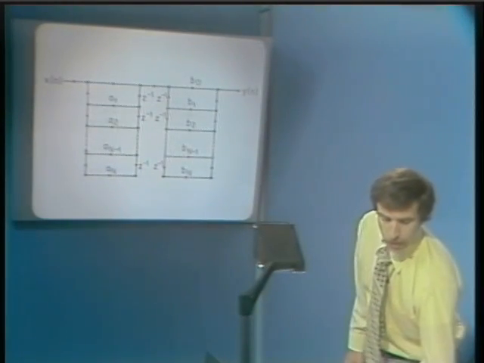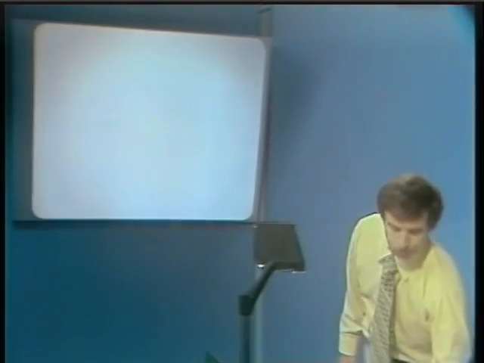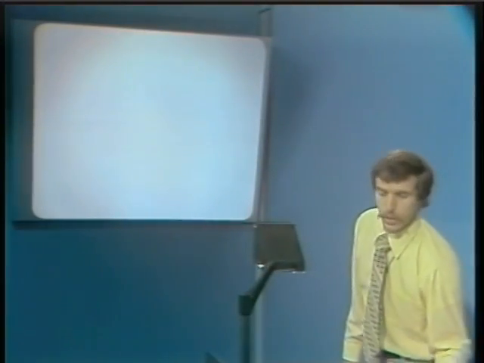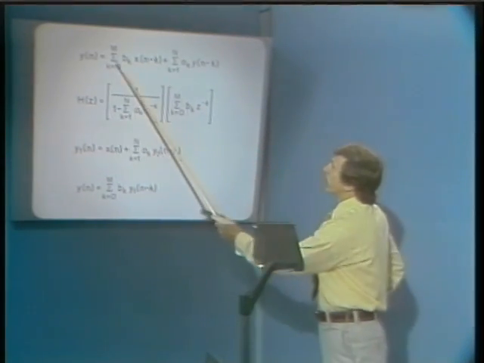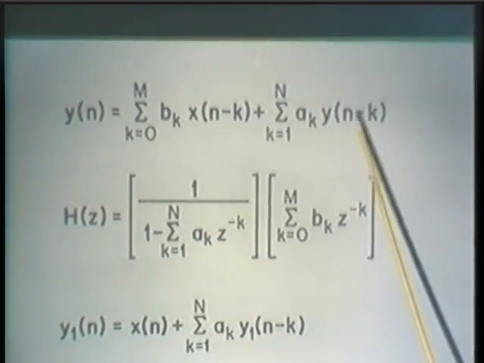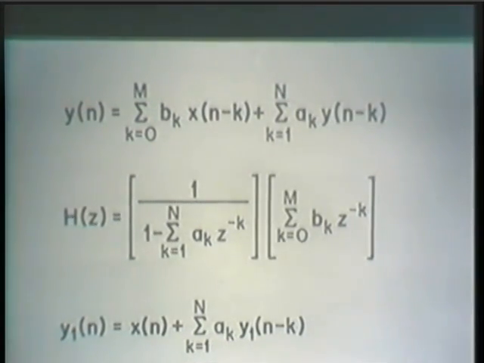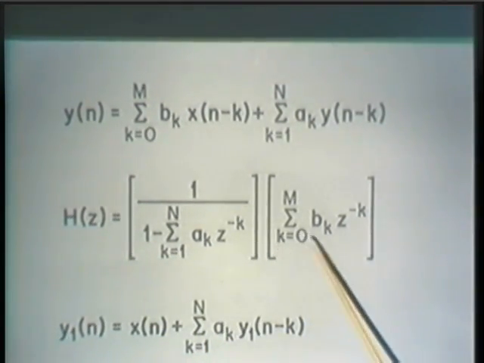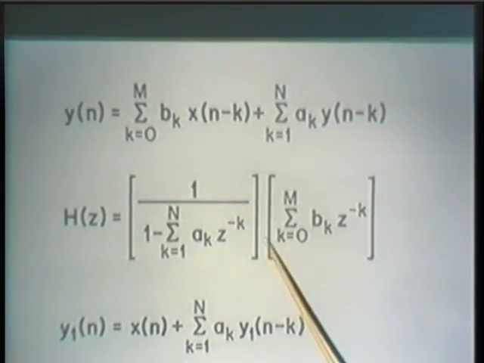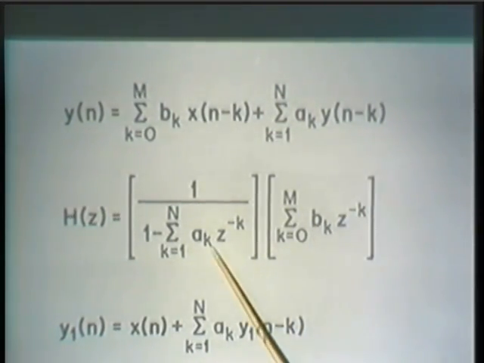And to indicate what that corresponds to, let's return to the general difference equation as we had it on the first view graph. The transfer function, where now, rather than cascading this system first and this system second, we've simply interchanged the order in which those two systems are cascaded. That's interpreting this operation in terms of the transfer function.